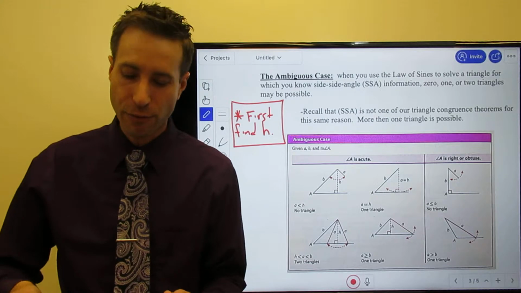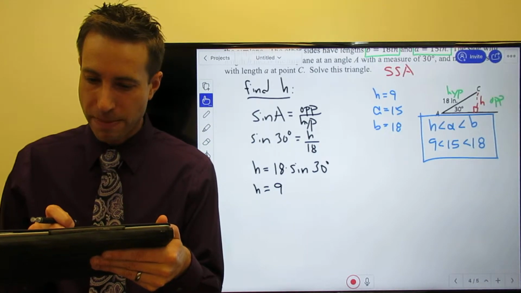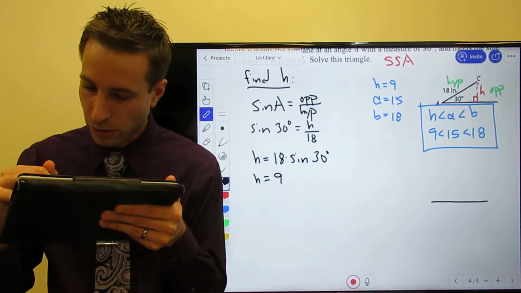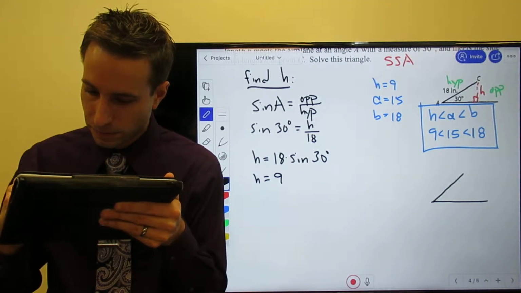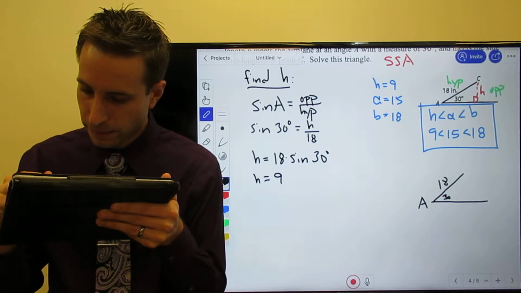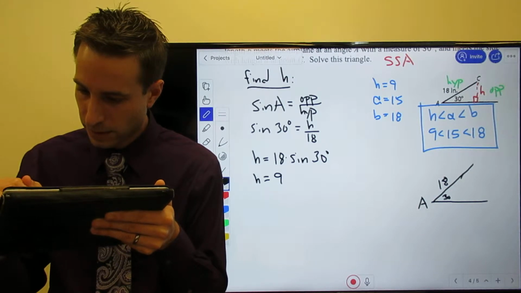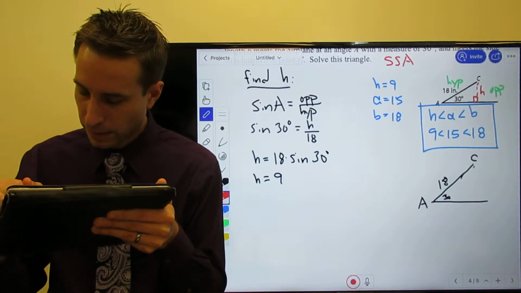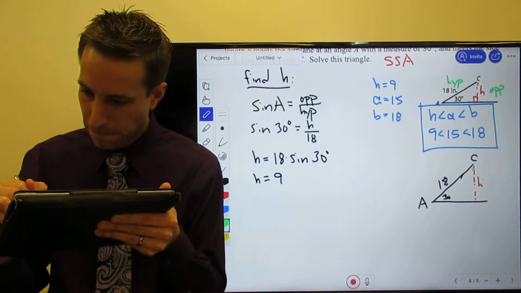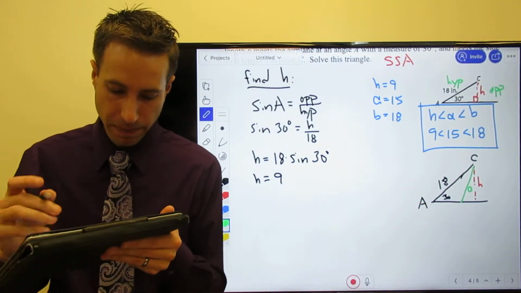So let's go back and see if we can figure out what those two triangles are. Based on the information that I've been given, here's what's happening. I could have this triangle: A, 30 degrees, 18, there's angle C, there's H, and boom, there's side A. That's one possibility.